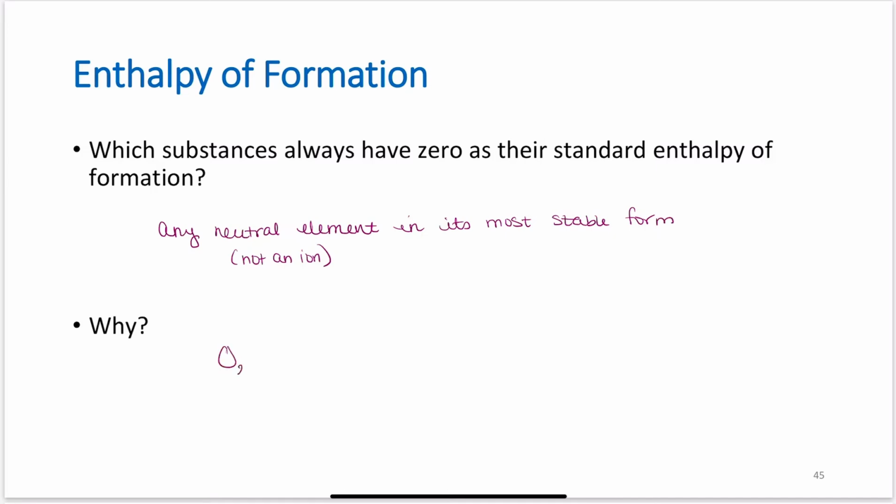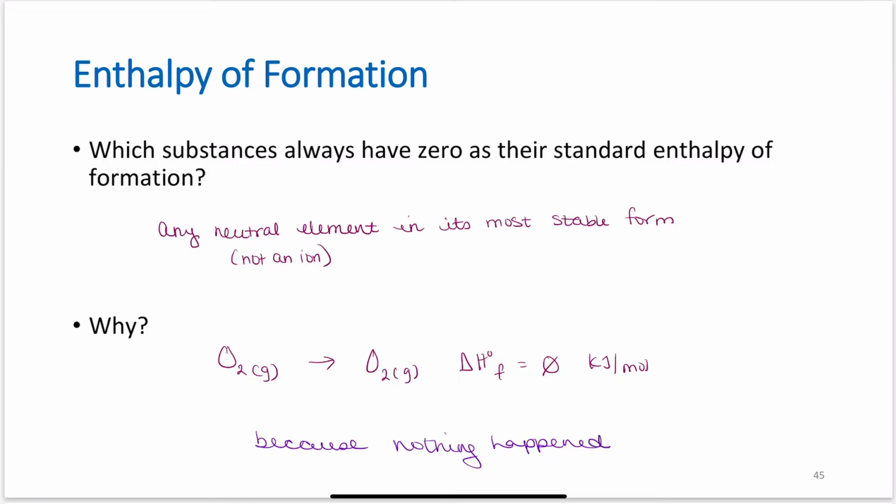Well, let's think about this. I've got O2 gas, forming O2 gas. My delta H formation is 0 because nothing happened. It didn't have to be formed. It was just that way naturally.